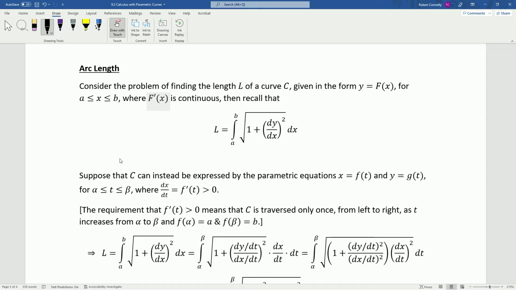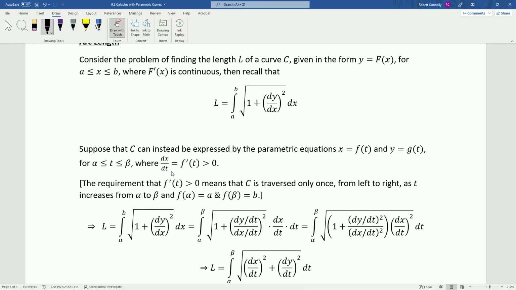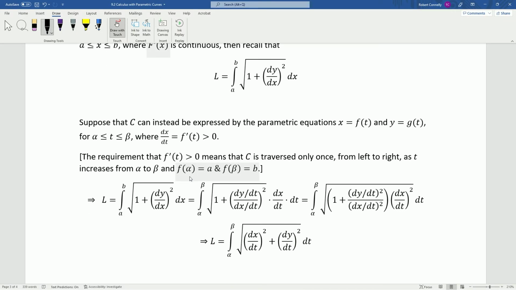Now, suppose that your curve can instead be expressed by parametric equations, x equals f of t and y equals g of t, for t between alpha and beta. Again, where you have a derivative of x with respect to t, but with the added requirement that this derivative is positive. So the derivative exists and it's positive.